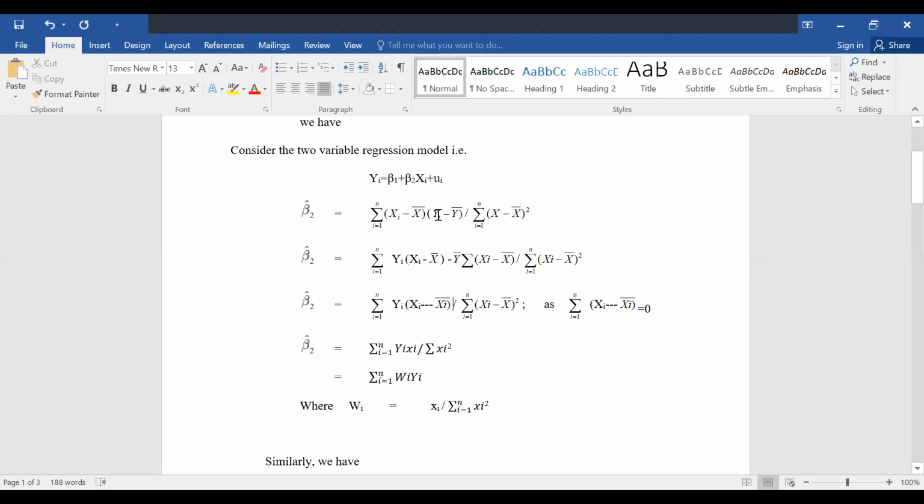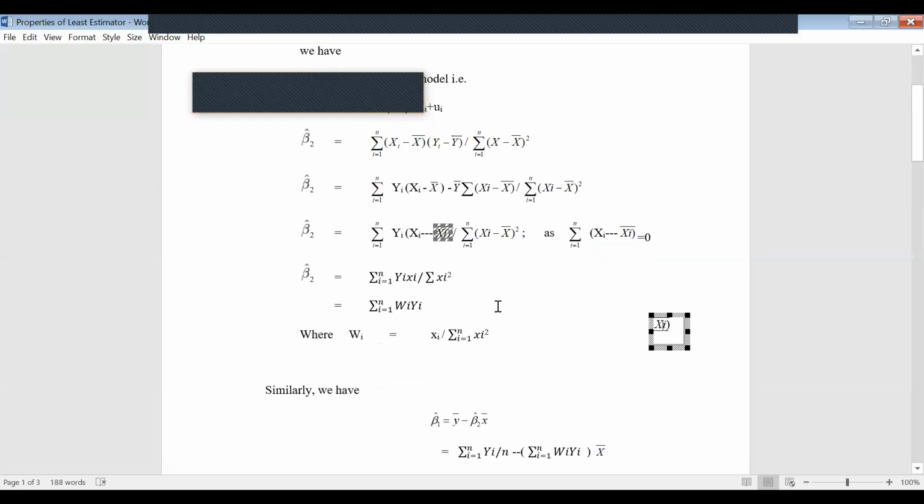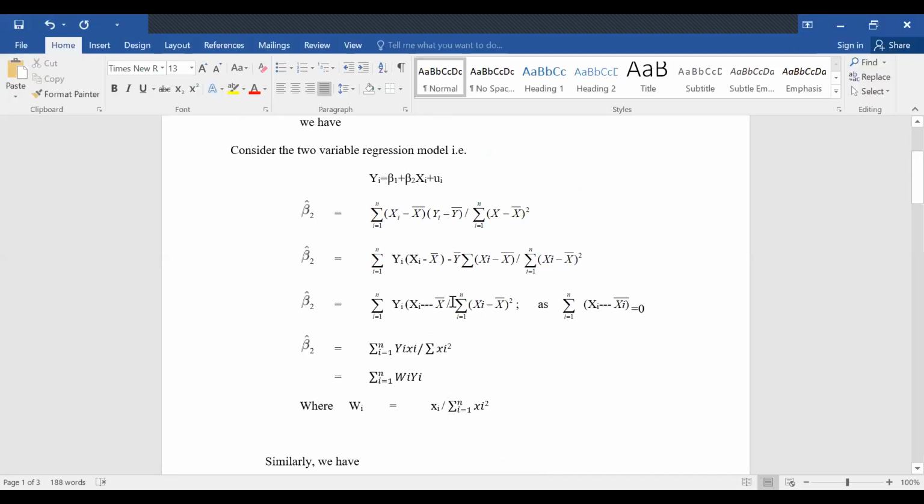Now this yi is multiplied with xi minus x bar, and similarly minus y bar is also multiplied with xi minus x bar, and divided by the same term, that is summation (xi minus x bar) square. Now beta 2 hat equals summation yi (xi minus x bar), and the second term, summation (xi minus x bar), is equal to 0.